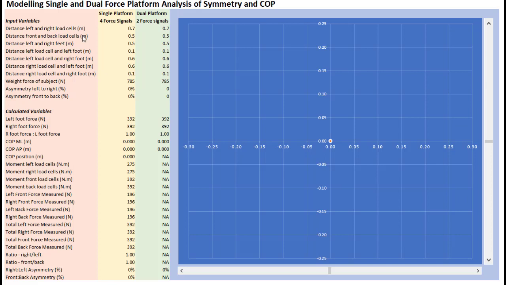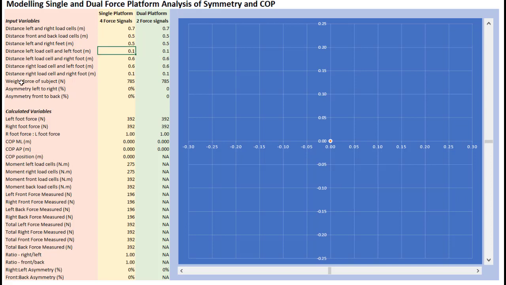I've set up some starting parameters here in terms of the distances between the load cells and the positions of the left and right feet here. And I've started with an arbitrary distance here of 0.5 meters between the feet, but this can be changed however required to simulate that.